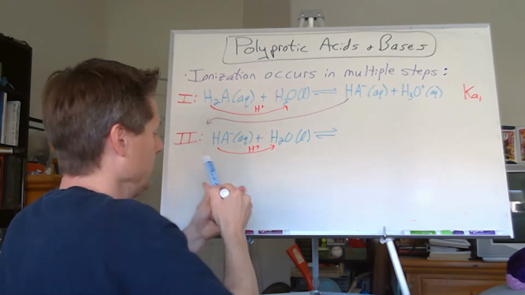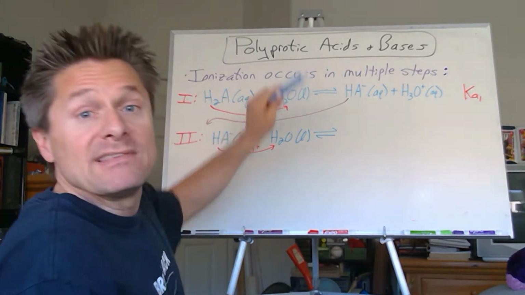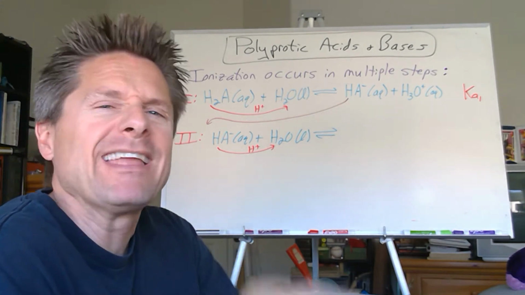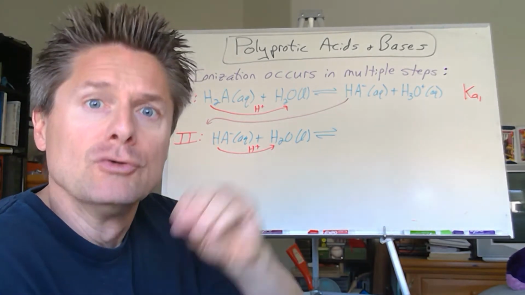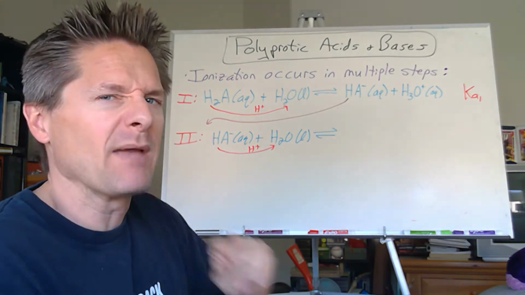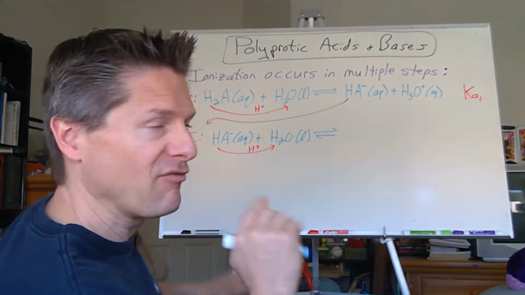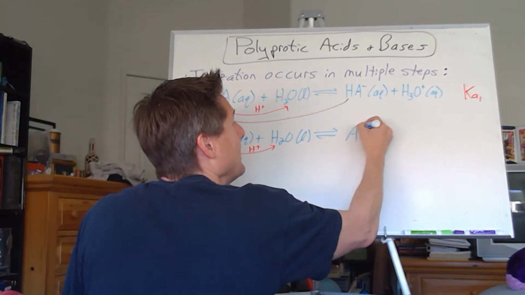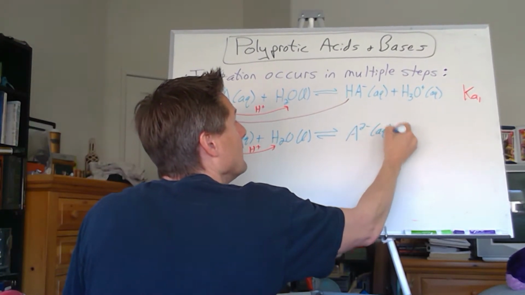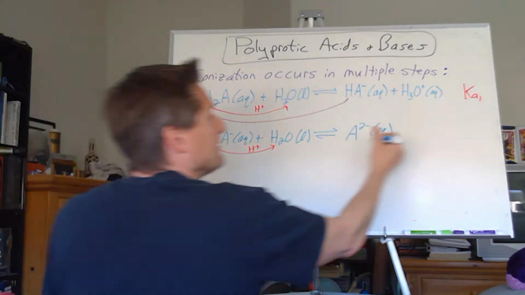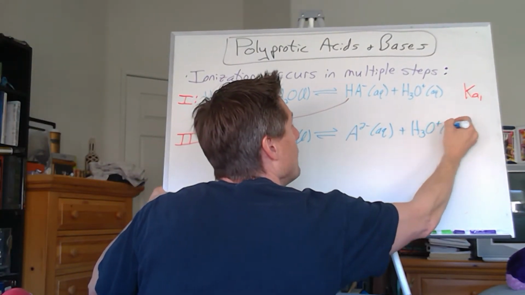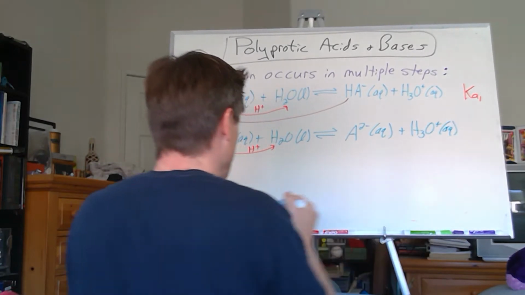Right? It happens in multiple steps. And the reason we do this is because it's different in each step. We're going to find it gets harder and harder to lose that H plus or give that H plus away. I'm going to talk about why. Hopefully you can see it before I tell you. So in this case, we'll get the A2 minus, the conjugate base of this, plus another hydronium ion. Oh no, this is going to be a problem.